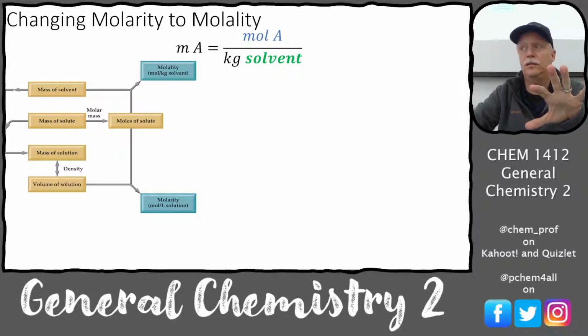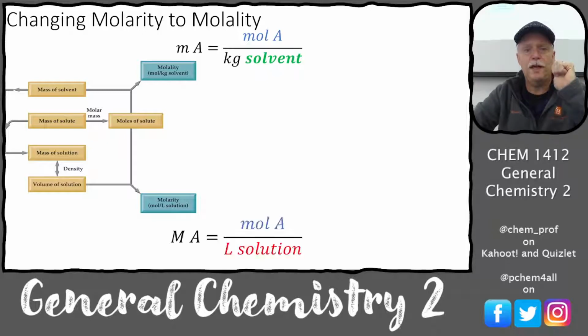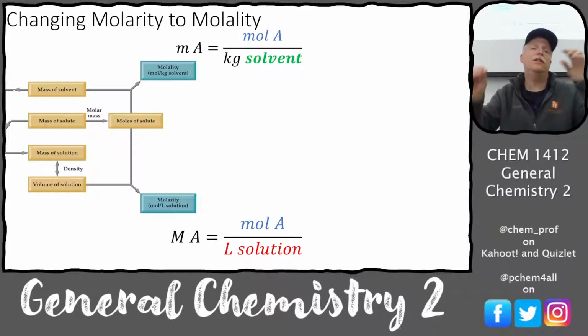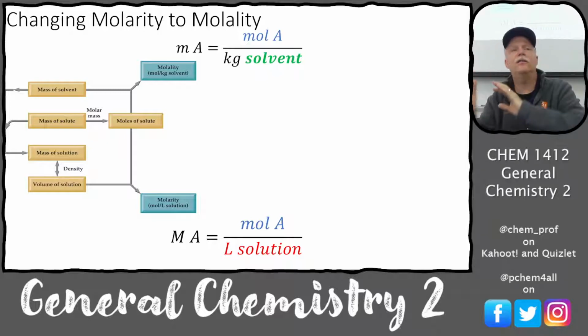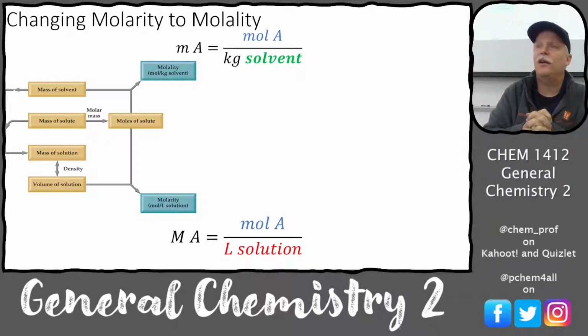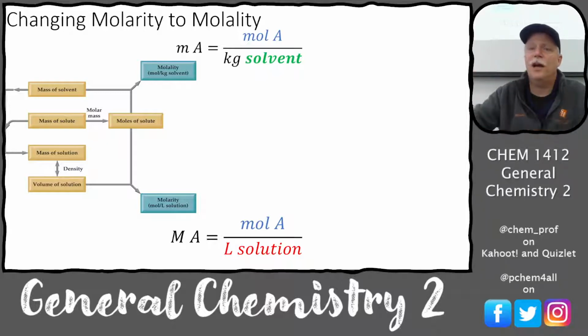And I color-coded this for you, okay? So if you have the little 4-color pens, that'd be great. You probably should go get one for us. And then molarity, down at the bottom, is moles of A in liters of solution. So going from kilogram of solvent to a liter of solution is something that we've got to fiddle around with. We've got to figure out how to get from one to the other.